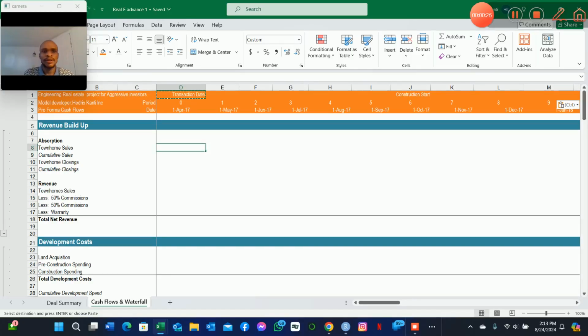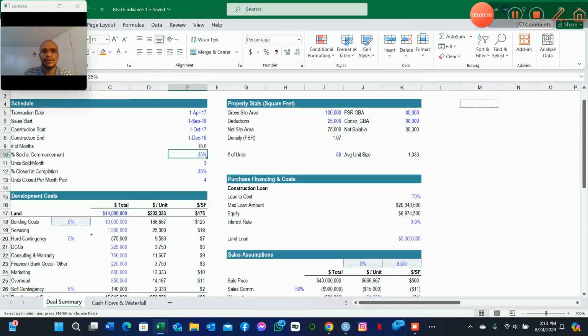then what we want to do is sell 35% at commencement of the total number of units on the very first date.